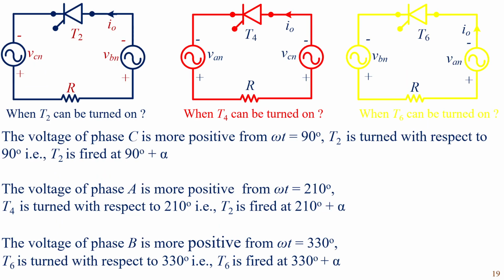And in this slide, there are three thyristors, T2, T4 and T6. T2 is connected between phases C and B, T4 between A and C, and T6 between B and A. When T2 can be turned on, when T4 can be turned on, and when T6 can be turned on.